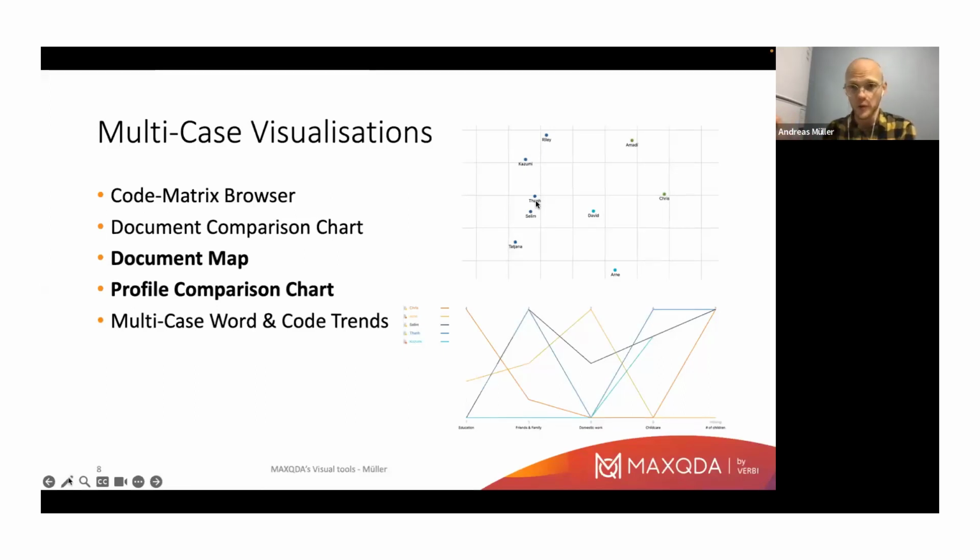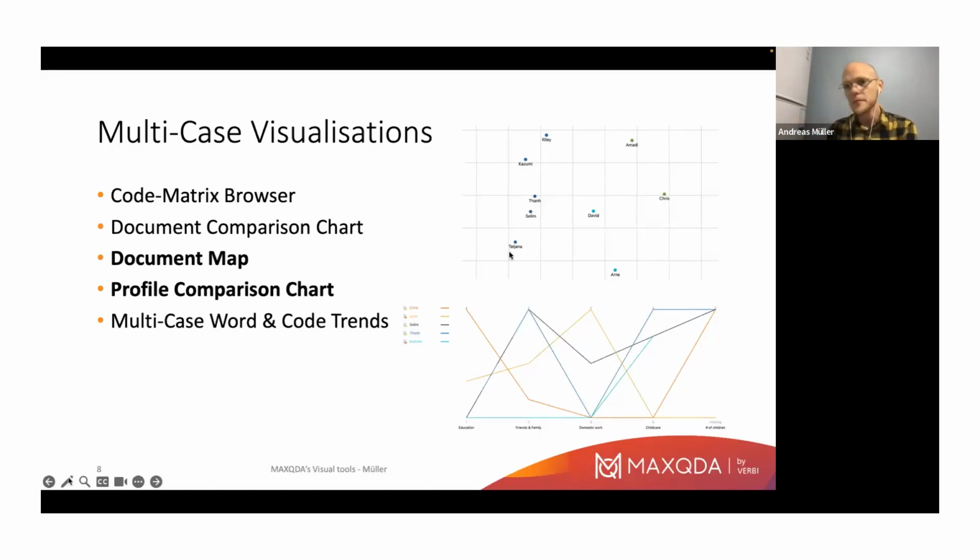And if they are very far apart, then it would mean that they have basically no codes in common at all. And this can help you if you want to identify types in your data, if you want to build a typology of your data and you want to build clusters. You can then not only include codes here, but also document variables that can also be considered in this cluster analysis.